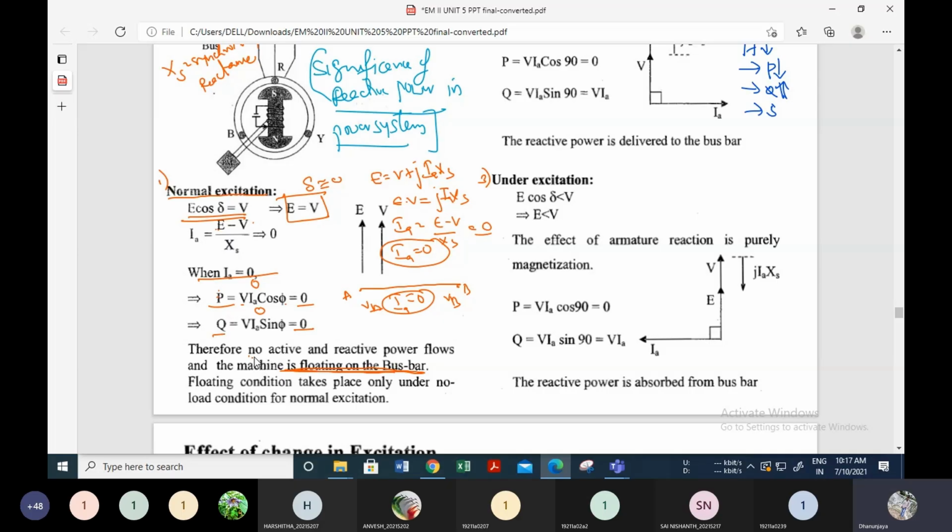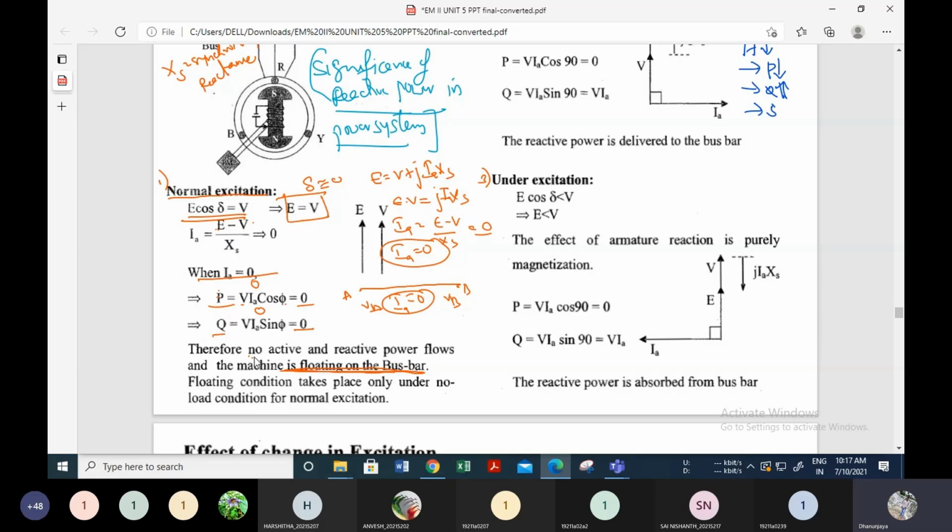This IA XS is represented in the opposite direction.